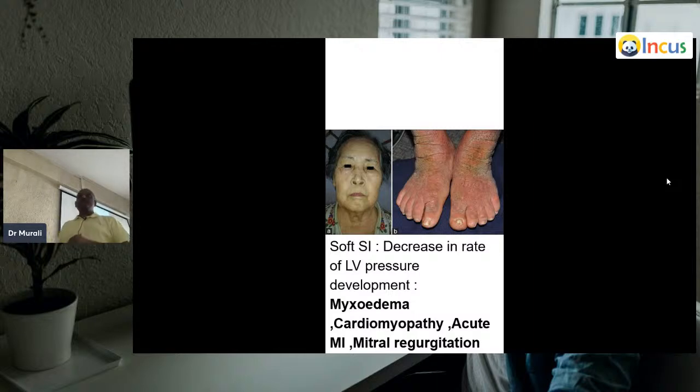Now tell me what happens in mitral regurgitation. Reverse. What happens in mitral regurgitation? In mitral regurgitation, the blood in the atrium is flowing back, regurgitated into atria, right?